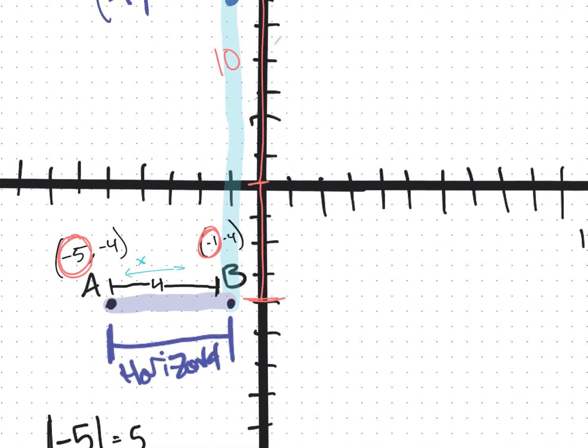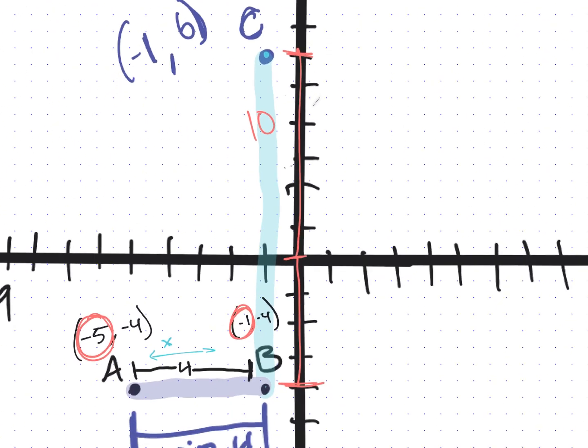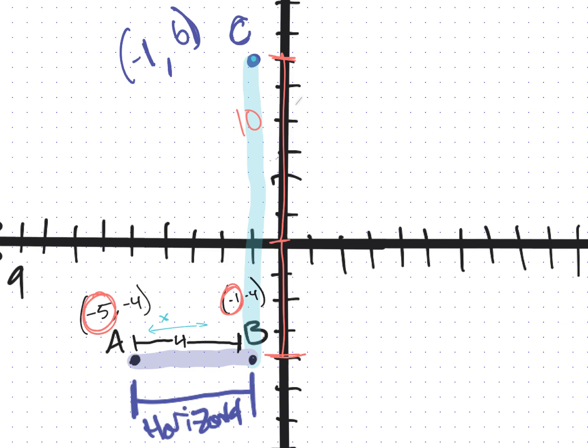If we wanted to go, let's say, from point B, which is -1, -4, and point C, we're at -1, 6. The difference here now, and I'll write this over to the side, if I have -1, 6, this is point C, and then I have -1, -4, that is point B. We have our X coordinates now, meaning we're solving for our change in vertical, or our Y. So now what we have to do is, off to the side, we have our absolute value of 6.